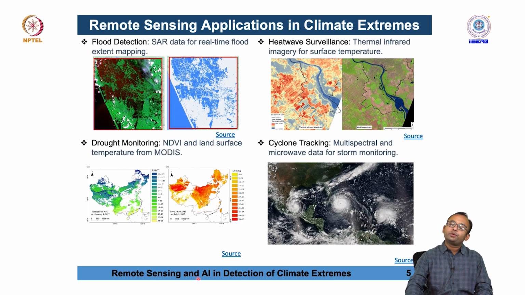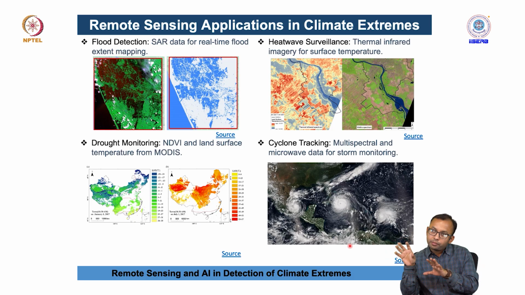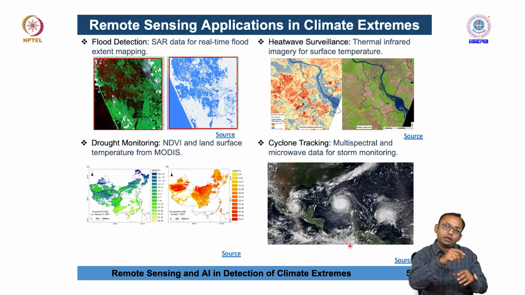You can also use remote sensing data sets for cyclone tracking. There are lots of satellites covering a broad region that can tell us where the cyclones are currently positioned. When we have real-time information, you can plot it together with historical images and track which path a cyclone is following.